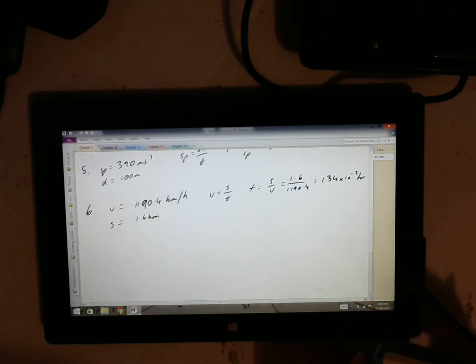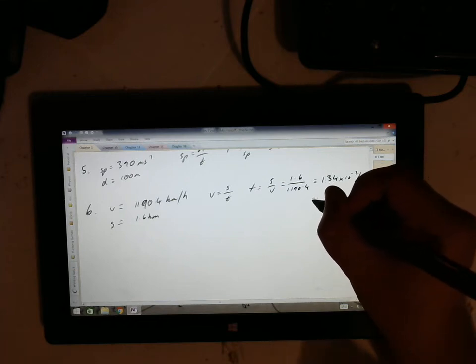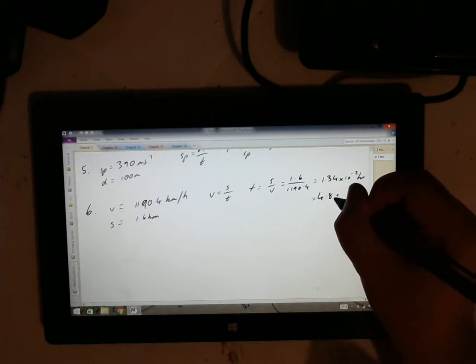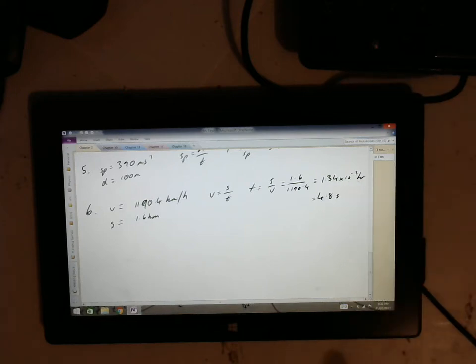So what is that in seconds? We multiply by 3,600 because we wanted to convert hours into seconds, and we get 4.8 seconds. Pretty fast. I mean, that's the whole point of it.